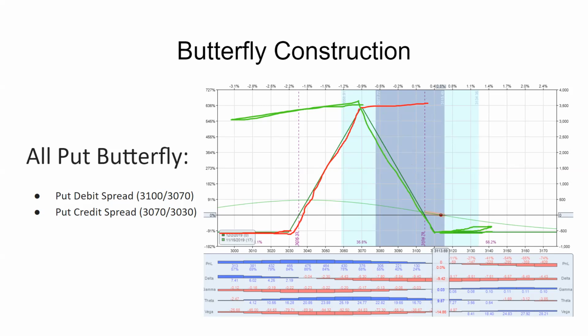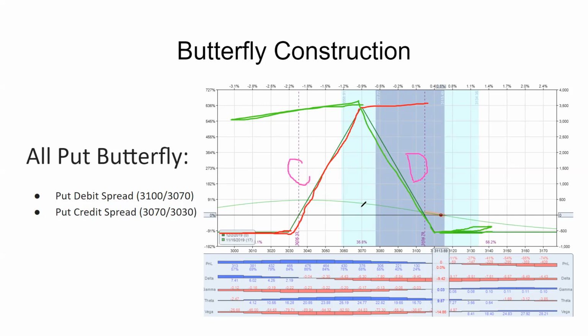So 3100, 3070 is a debit spread, and 3070, 3030 is a credit spread.